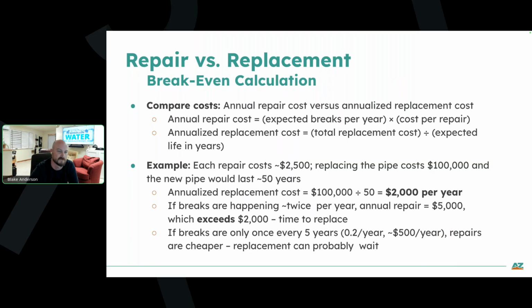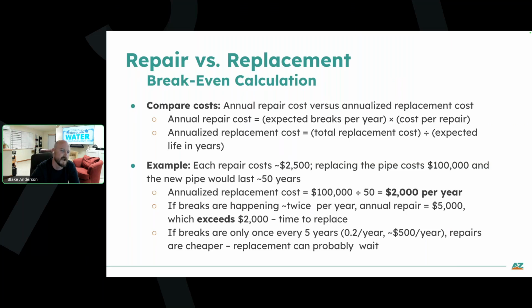Let's use some simple numbers that operators will understand. Let's say we have a new 8-inch pipe that installed is running $100 a foot, and you have 1,000 feet to replace. That brings the total cost to $100,000 for that section. Like I said, these are round numbers, but you guys get the idea.